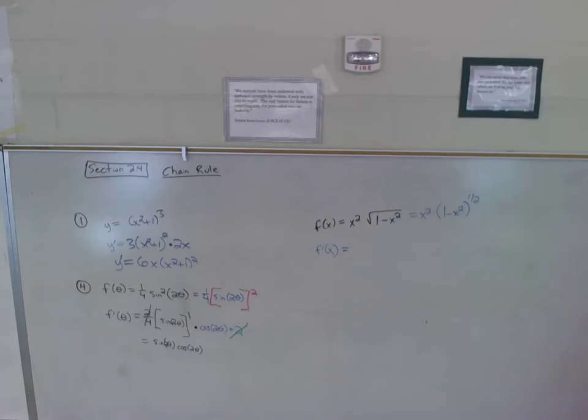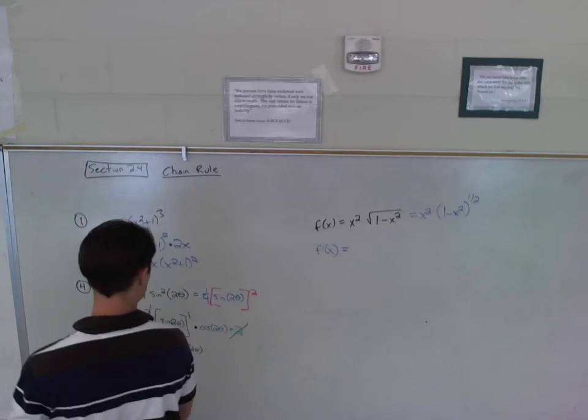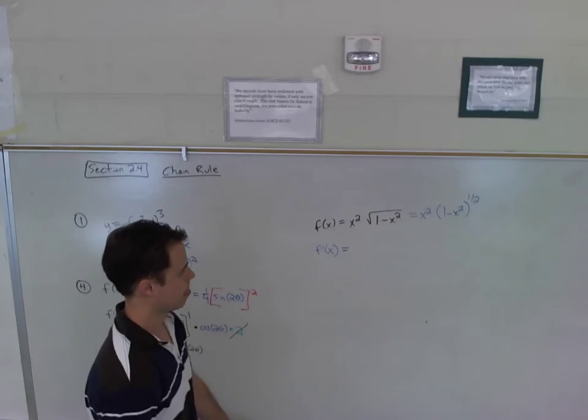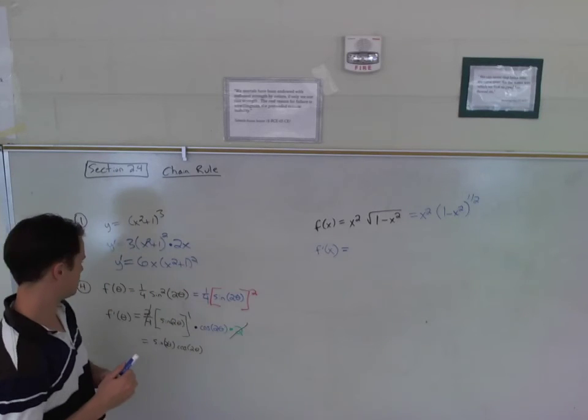What are you gonna have to start by doing here? I rewrote it. Aren't you gonna have to use the product rule? Do you have one thing times another thing? But why would you use the product rule on number 4 when you have 1/4? It's like 1/4 times that.